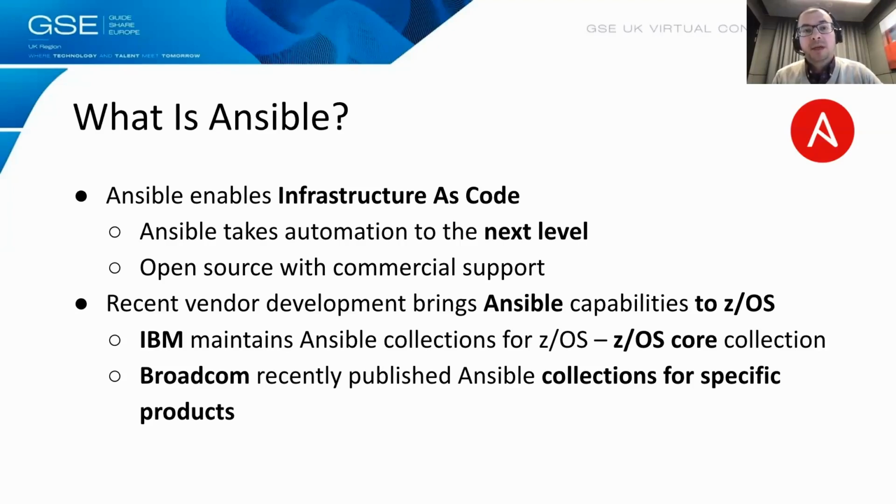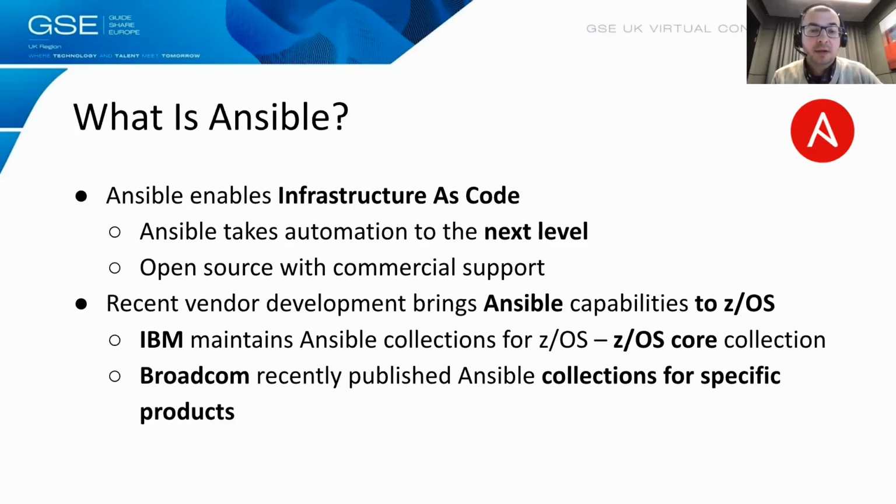What happened in the last few years was that IBM developed their own Ansible collection that allows you to talk to the mainframe from Ansible. Before that, it was possible as well, but you needed to do it through more complex and more difficult scenarios, where you would be writing SSH scripts or shell scripts and putting the standard REXX or JCL execution through SSH into shell scripts, etc. Very difficult, but it was possible.